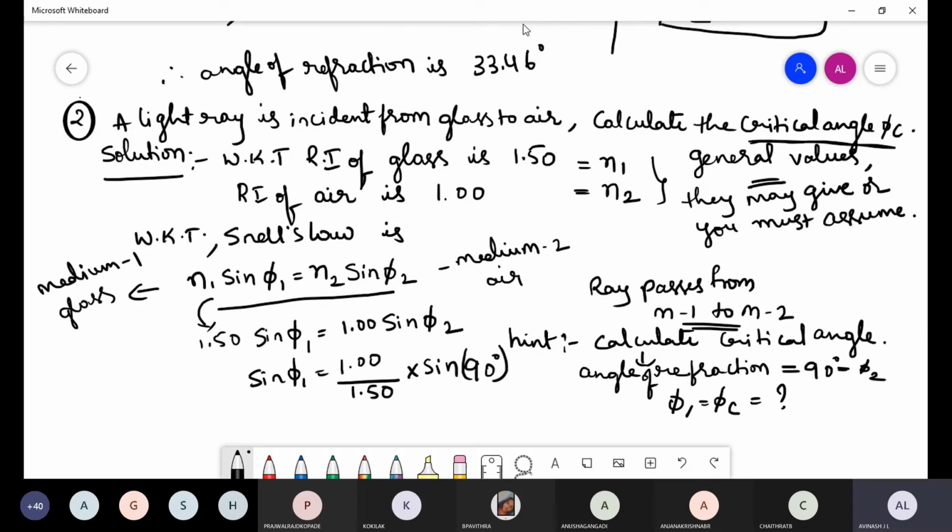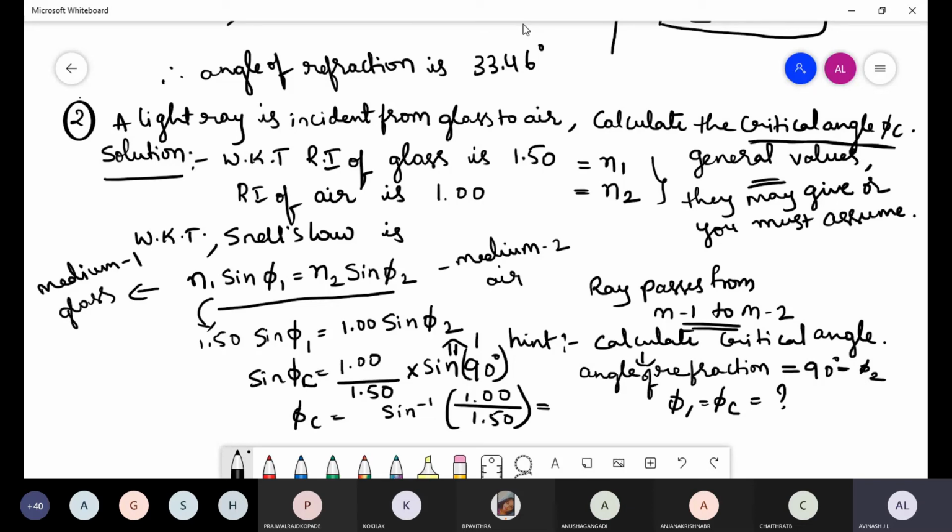Sin 90 degrees is 1. So phi c will be equal to sin inverse of 1.00 divided by 1.50. So equal to how much?